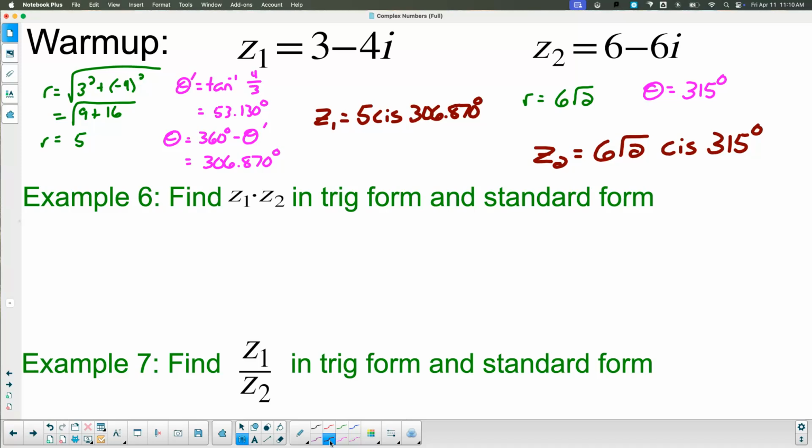So then we're tasked with finding Z sub 1 times Z sub 2. Well, the first thing I do is multiply my R values together. So that's going to be 5 times 6 square roots of 2.